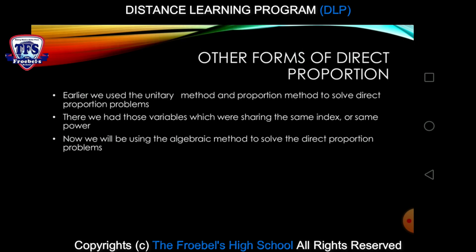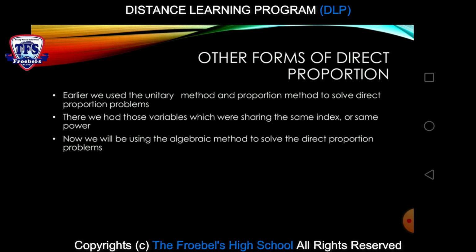So other forms of direct proportion: we can see that earlier we used the unitary method and the proportion method to solve the direct proportion problems. There we had those variables which were sharing the same indexes with the same powers. Now we will be using the algebraic method to solve the direct proportion problems. All right, y is equal to 3x square, we cannot simply solve it with the help of the unitary method or the proportion method.